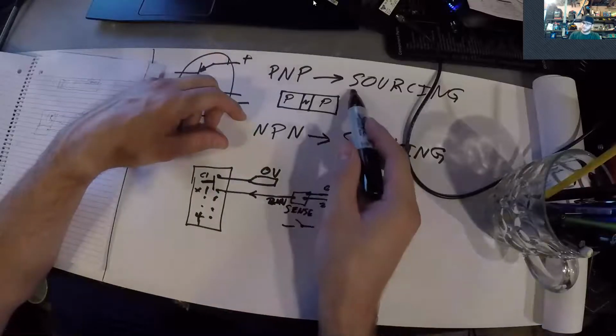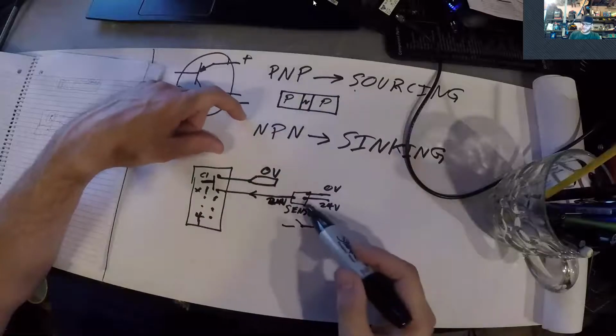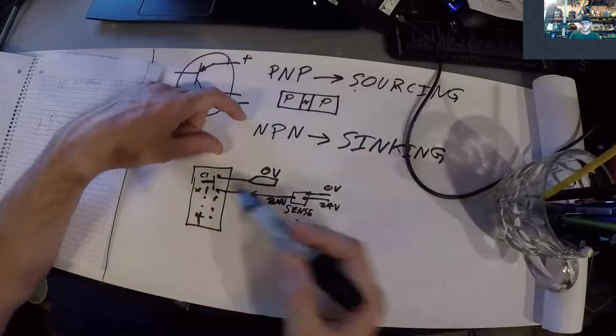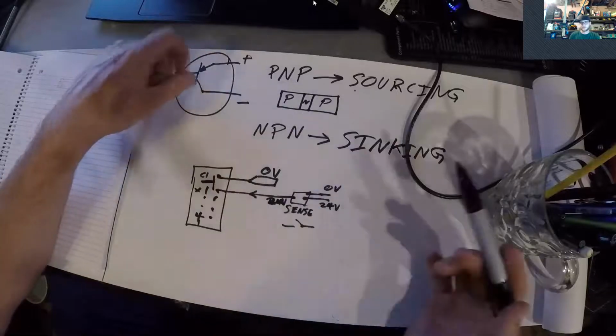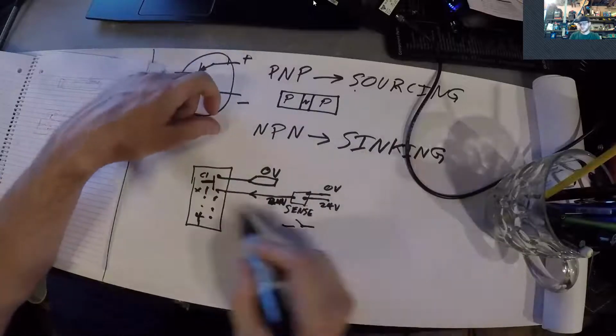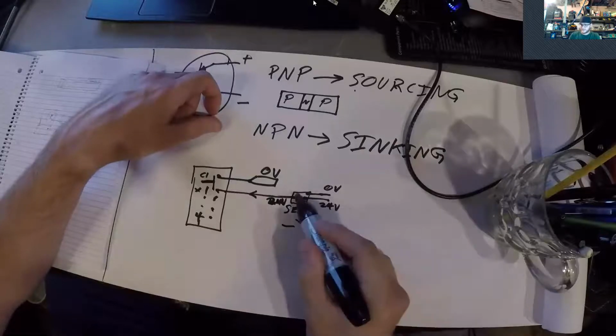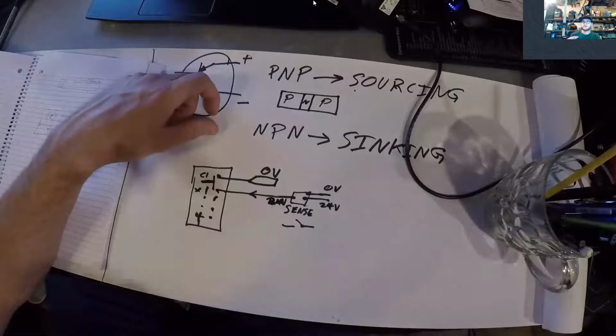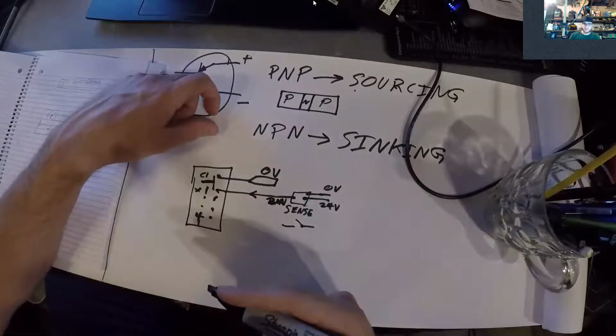And so the sensor, your field device, is sourcing voltage into the input card. And so that's why PNP is called sourcing, because this sensor here is essentially acting as a switch on your source of voltage in this circuit.